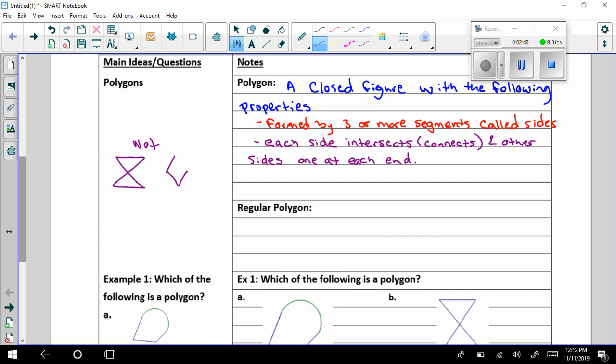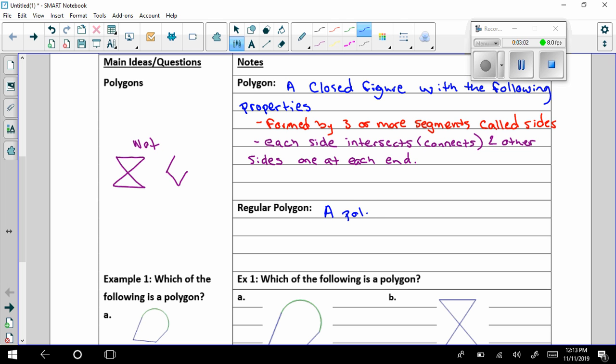All right. We can get even more specific in that sometimes we'll have what's called a regular polygon. A regular polygon is a closed figure, so it's still a polygon, where all the sides are the same length and all the angles are the same degree. So it's a polygon still.